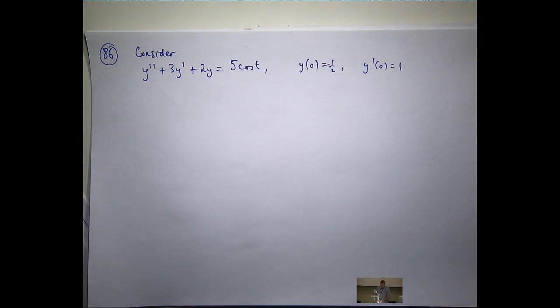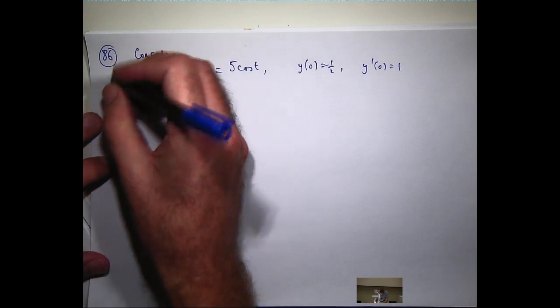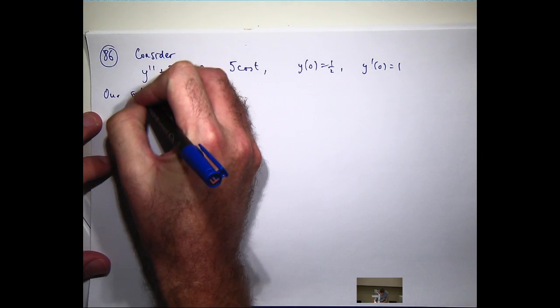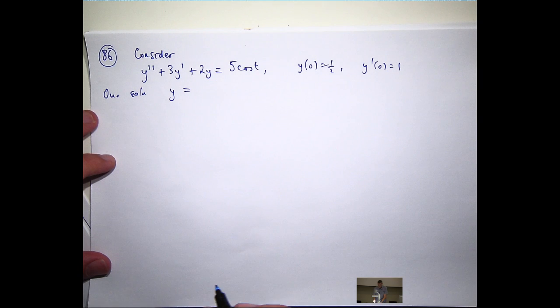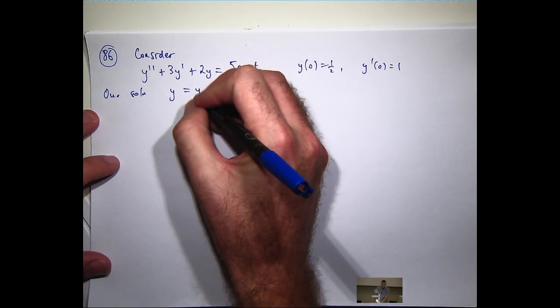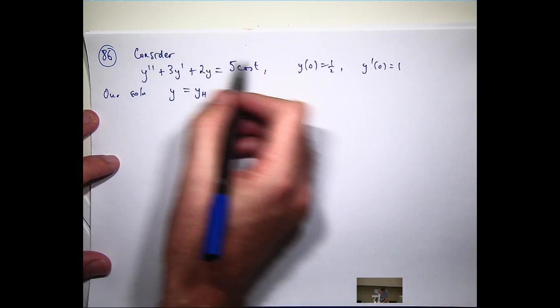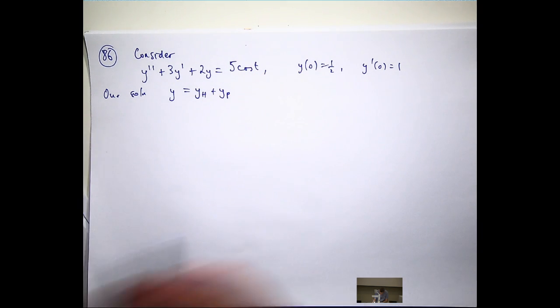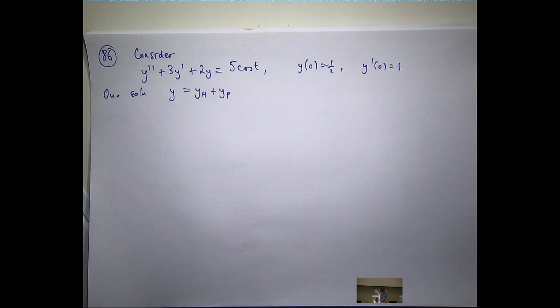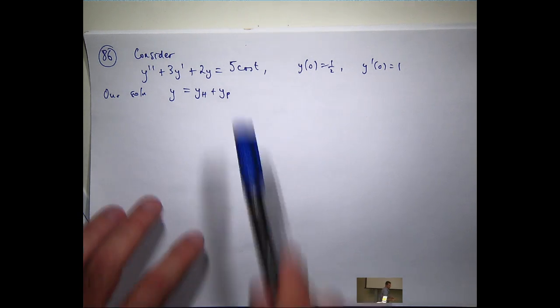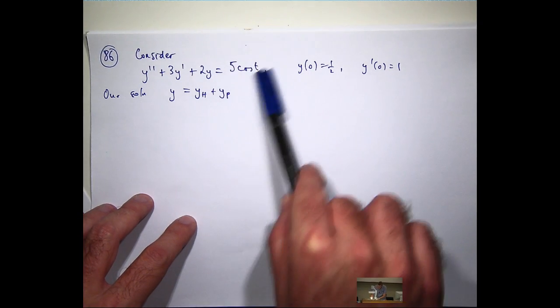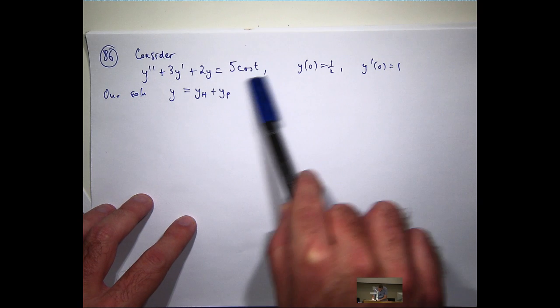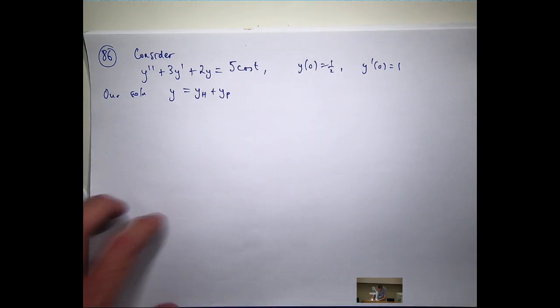So it's an initial value problem. All right, so our solution, y, is just of the following form. Think back to first year, right? It's the solution to the homogeneous problem associated with this, plus a particular solution. So y sub p is a special function that we construct based on, essentially, the form of this right-hand side.